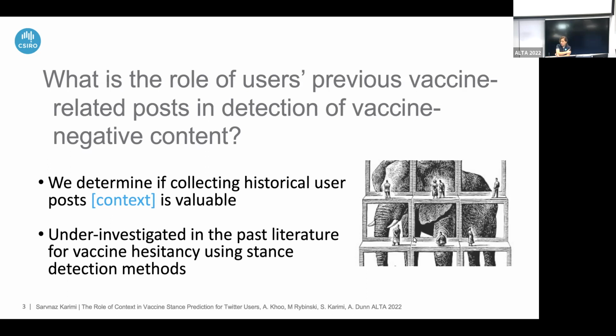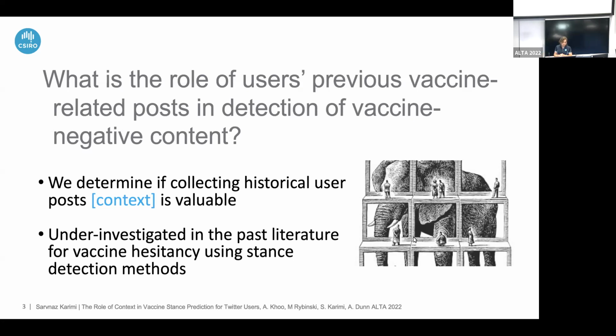In the literature, you can find a lot of work on tweet classification, using other tweets as a context for tweet classification. There is a lot of work on using Twitter data for public health, for example for surveillance. There is work on stance detection, and vaccination hesitancy detection using sentiment analysis or topic modeling.